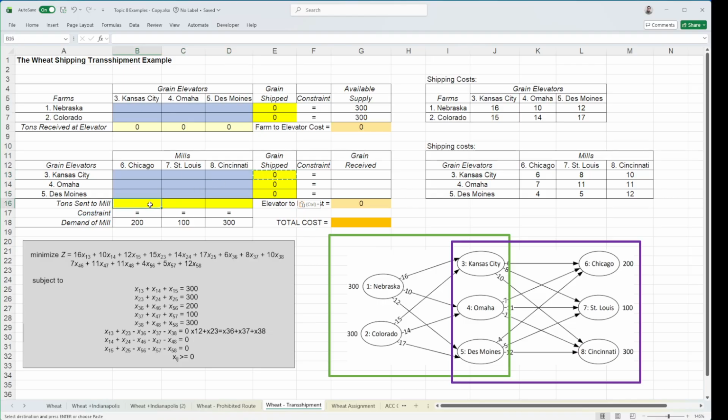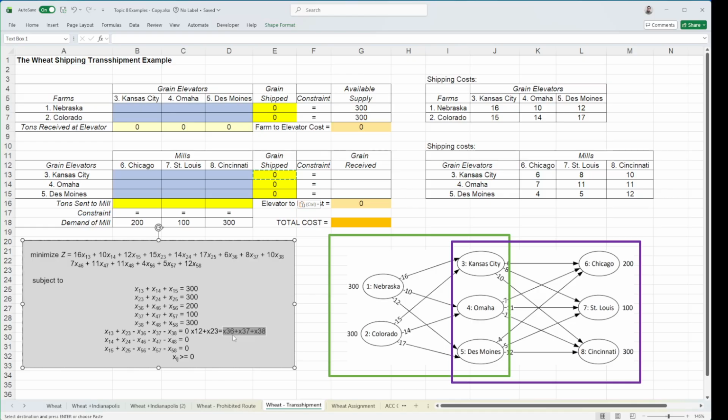And these 3 yellow cells should calculate the amount of grain received by each customer, each flour mill. So we're going to look at the incoming arcs. We can also look at the mathematical model.